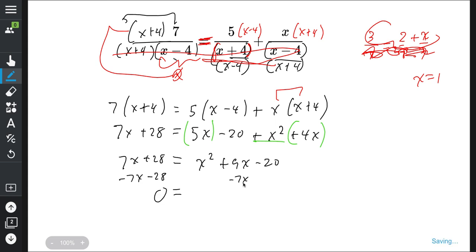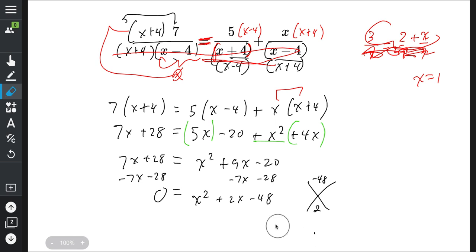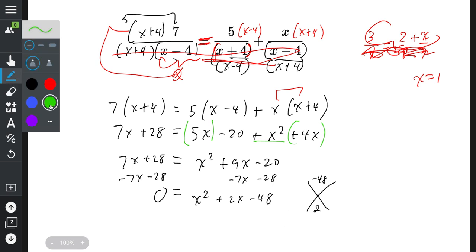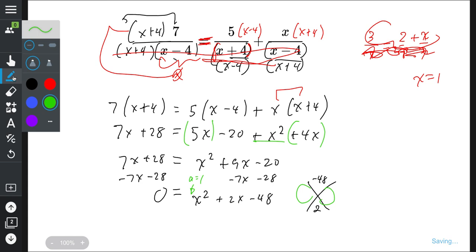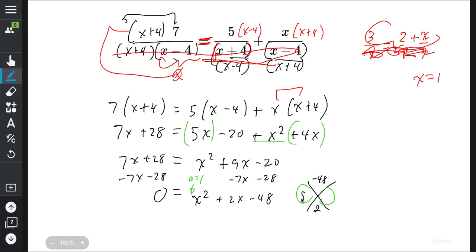And in doing so, we get, and here we have a trinomial that can be factored. This is, if we use our old x method, well, given that the a here is 1, whatever we get here and here will make our binomials. And it looks like we can use positive 8 and negative 6.